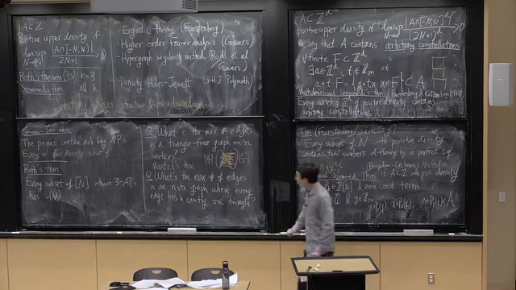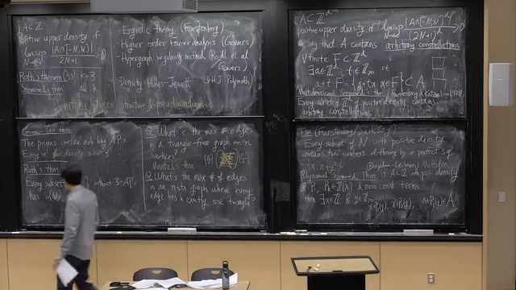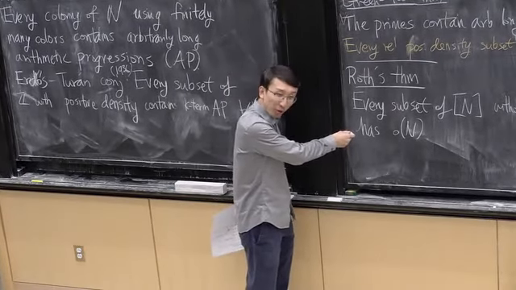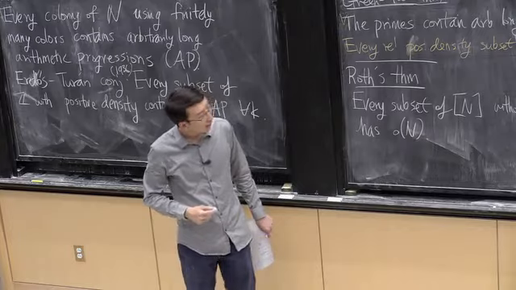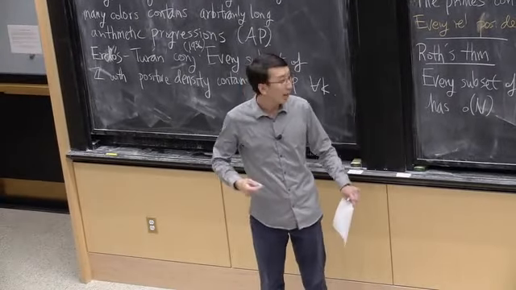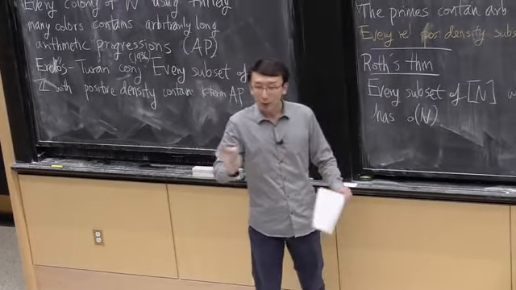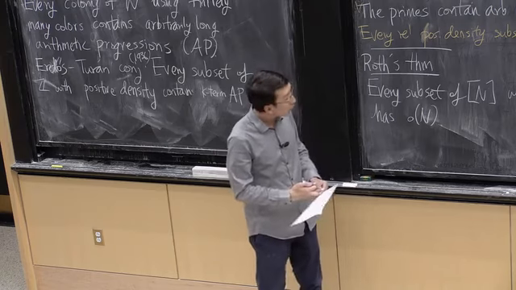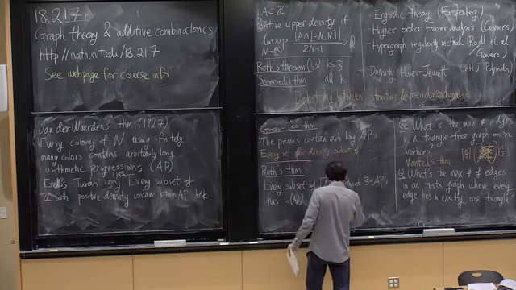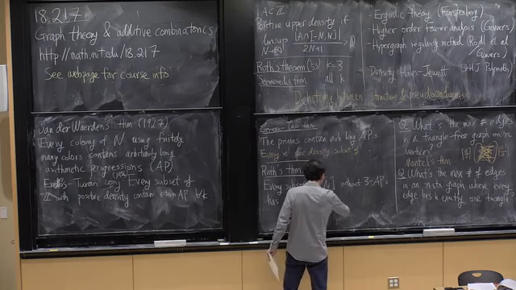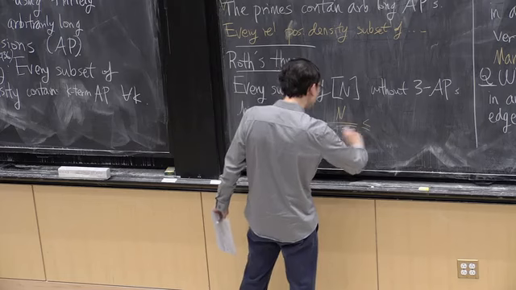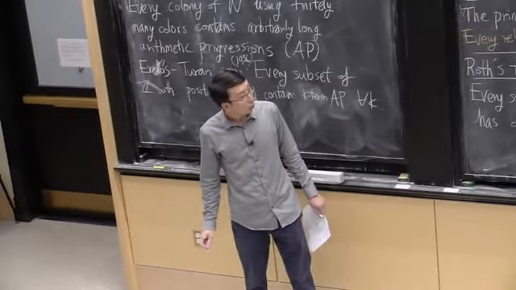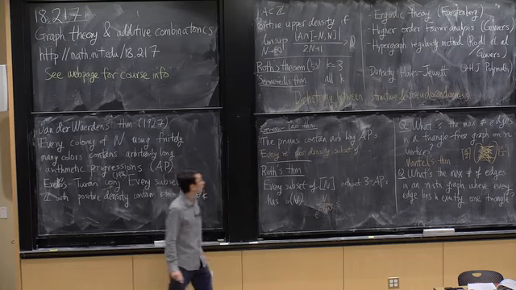Okay, so to address the question about quantitative bounds for Roth's theorem, it turns out that we have upper bounds and lower bounds, and it is still a wide open question as to what these things should be. Roughly speaking, the best lower bound comes from a construction which we'll see later in this course that has size around n divided by e to the c root log n.